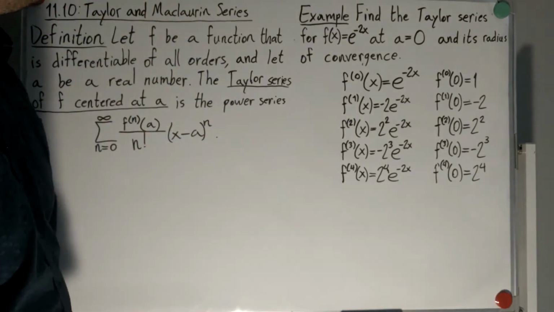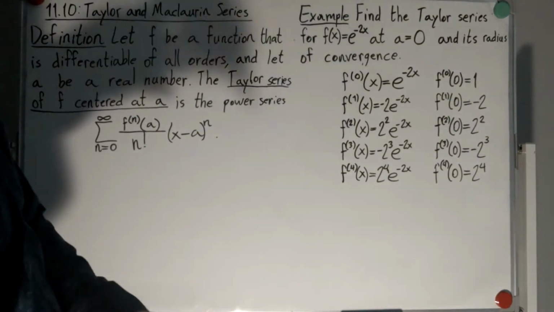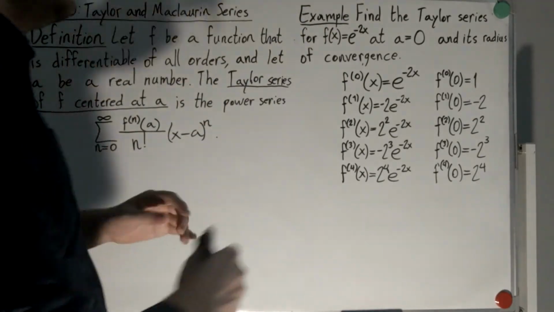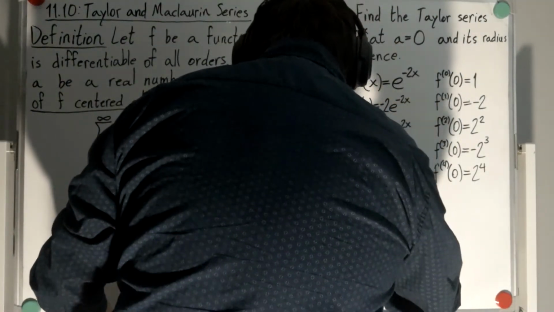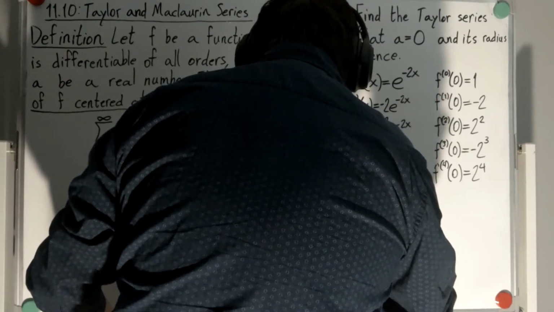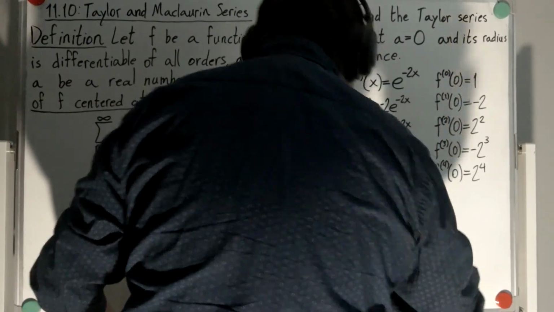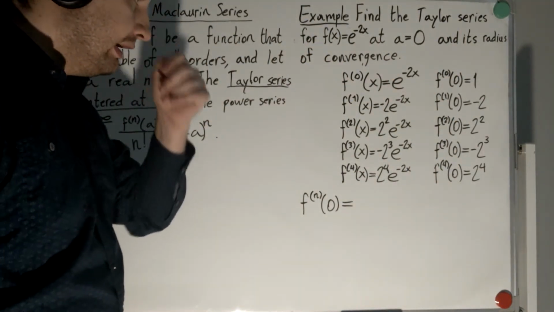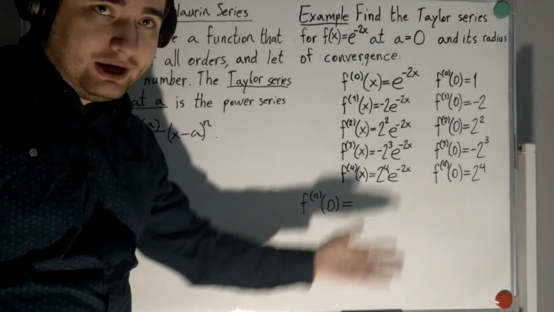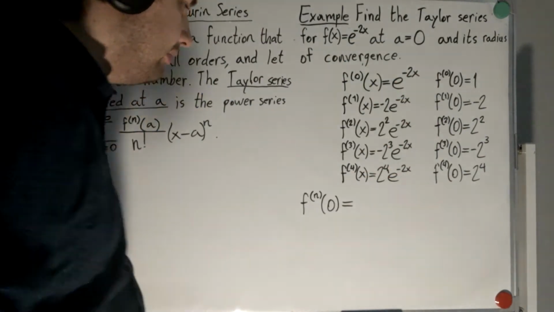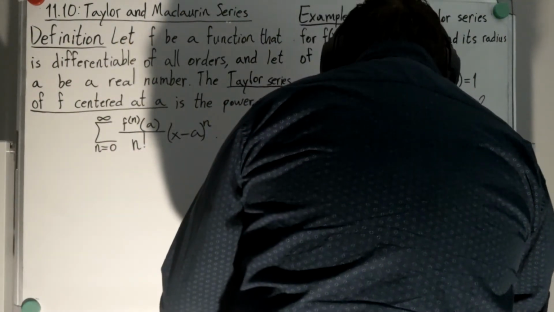So, the nth derivative at 0, well, it's definitely going to have 2 to the n in it, right? It's definitely going to be 2 to the n times something.